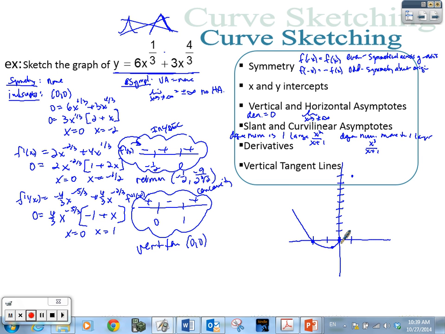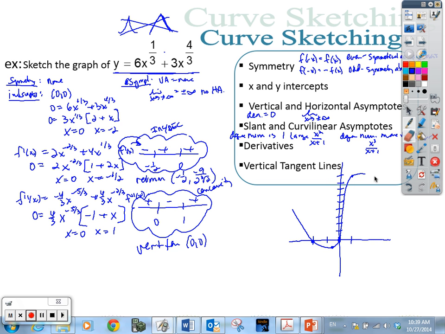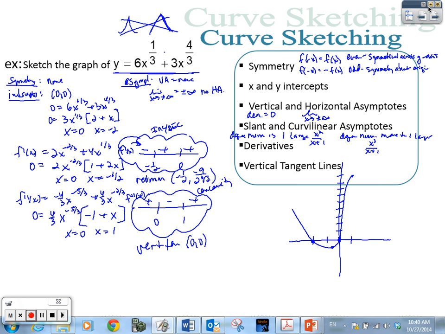So I need to draw it in such a way that it looks concave down, but I'm still increasing. Okay. Come on. There we go. So we are concave down, but we're still increasing. Is everybody okay with that?